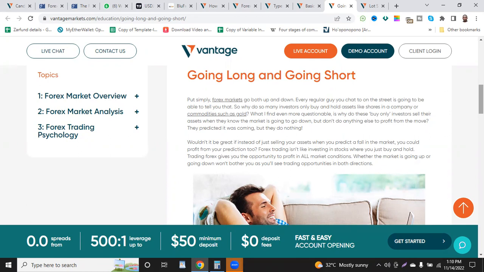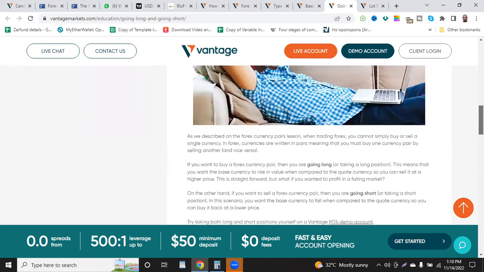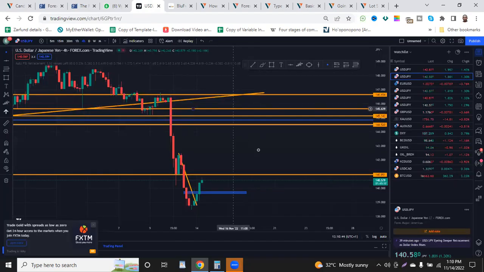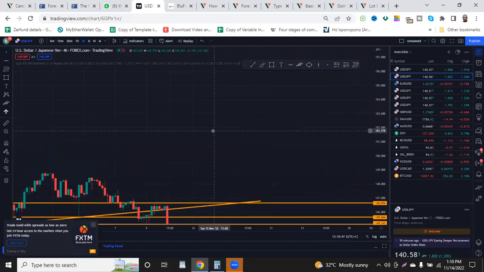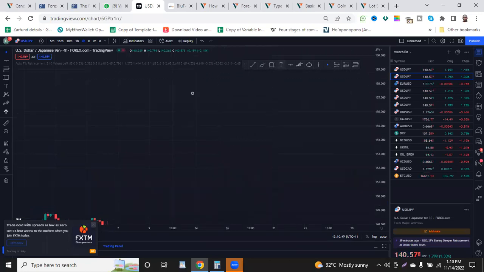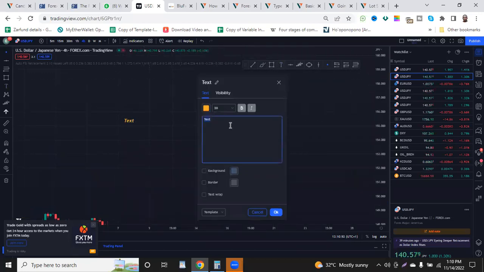So when you make a buy trade, your perception is that the asset is going to go up in value. If you come to EUR/USD, for example, let's do a little illustration here. So you go to EUR/USD and you are making a buy trade.